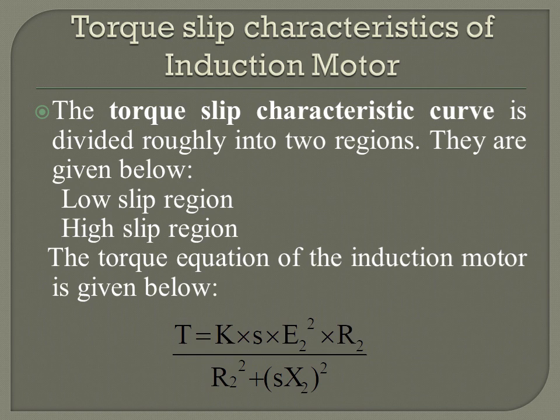The torque equation of an induction motor is given as T = K s E2 square R2 upon (R2 square plus (s X2) whole square), where K is the constant given by 3 upon 2 pi ns, where ns is the synchronous speed in RPS, s is the slip, E2 is the rotor induced EMF, R2 is the rotor resistance, and X2 is the rotor reactance. So in the next slide we will see what we mean by the low slip region and the high slip region based on this equation.